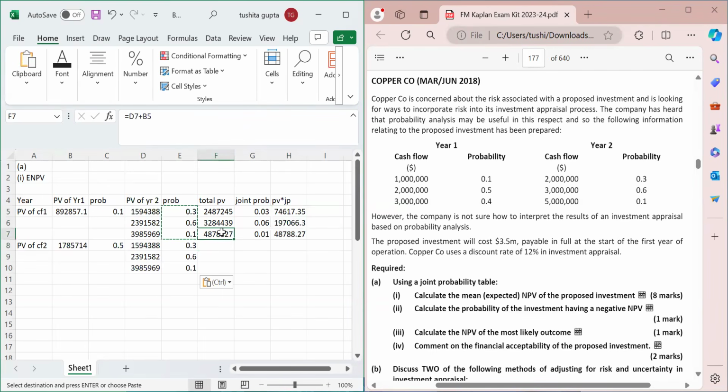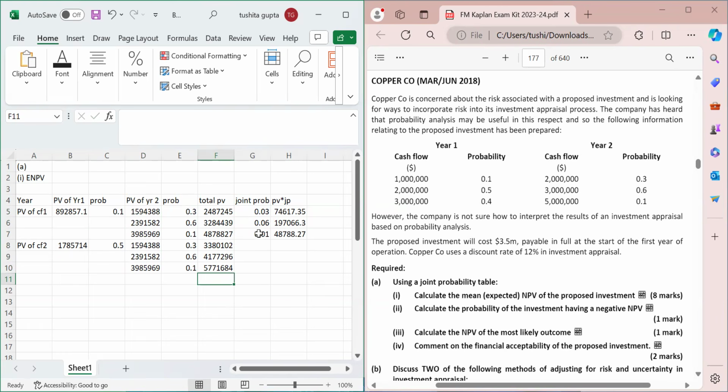Then for total PV also, I can put in the total PVs. It will be this plus this over here equals to this plus the PV of year 1. And then again, PV of year 2 plus PV of year 1. So these are my total outcomes which I have obtained.